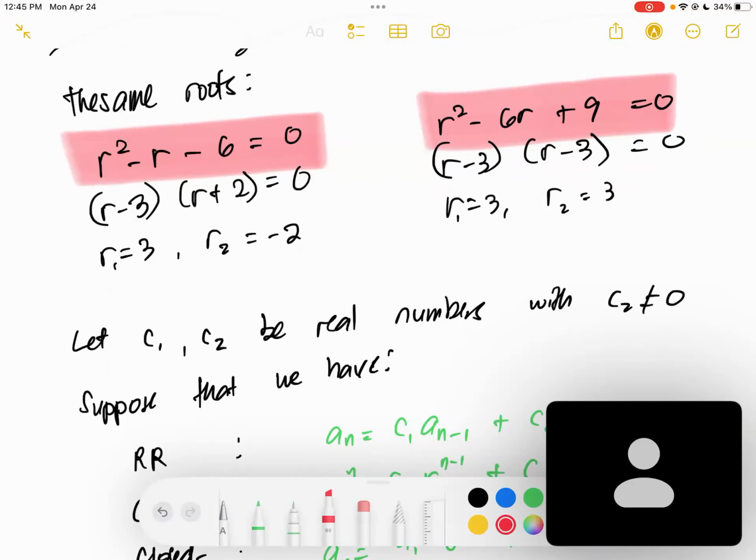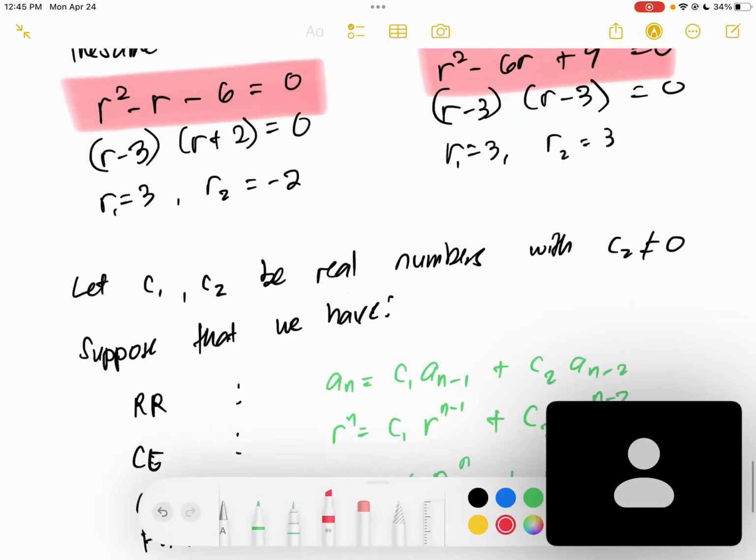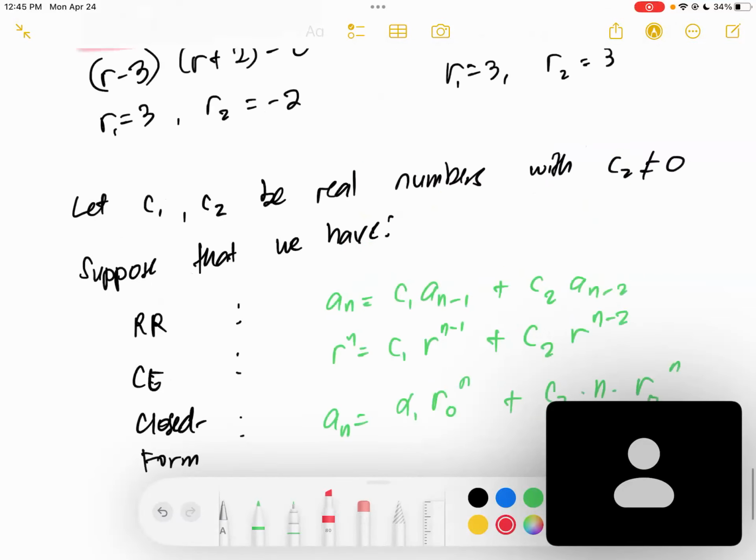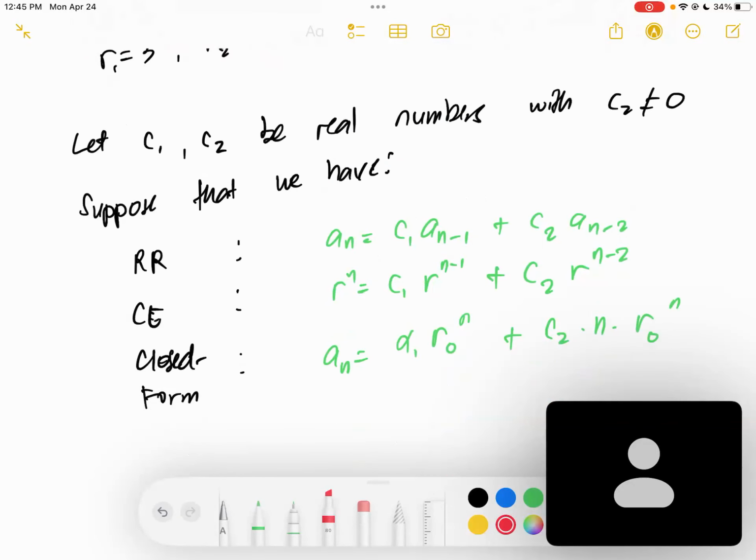The closed form expression will vary since we have the same roots. Let c sub 1 and c sub 2 be real numbers, wherein c sub 2 is not equal to 0. Suppose that we have this recurrence relation: a sub n equals c sub 1 times a sub n minus 1 plus c sub 2 times a sub n minus 2.